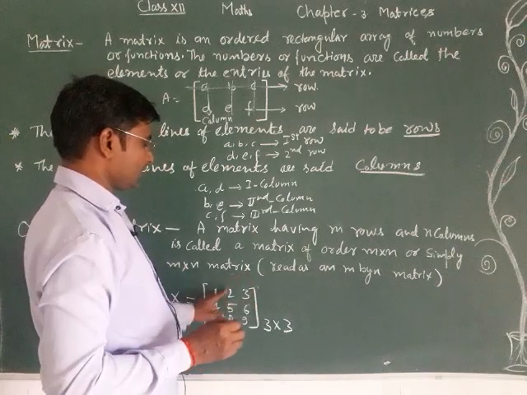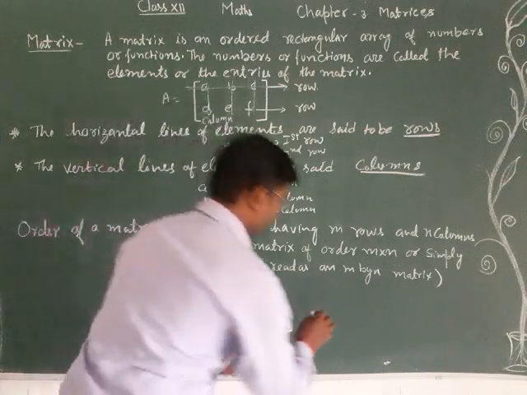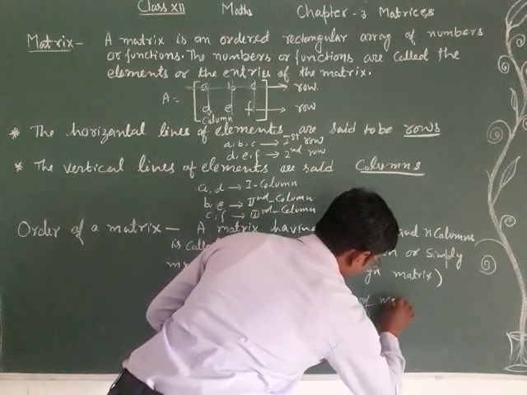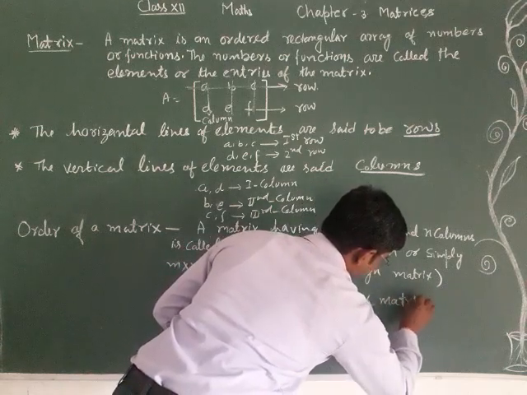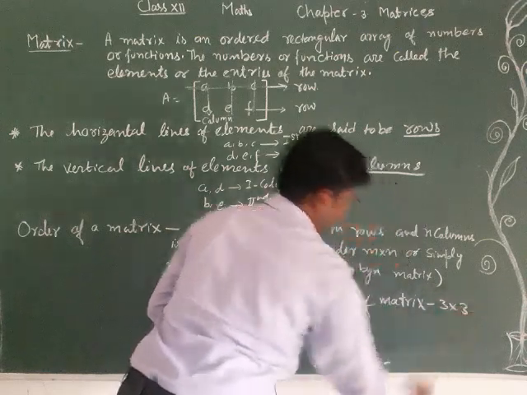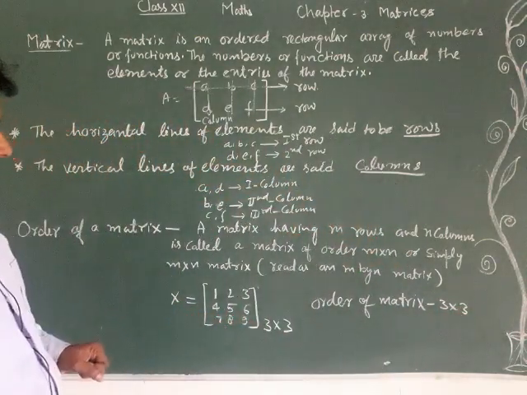So the order of the matrix is 3 by 3 or 3 cross 3.